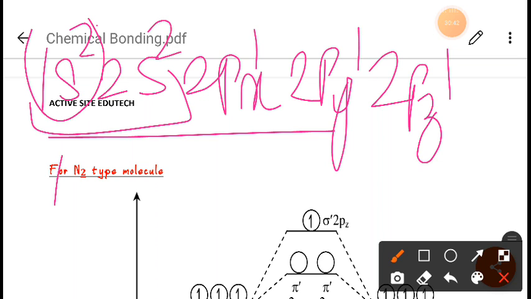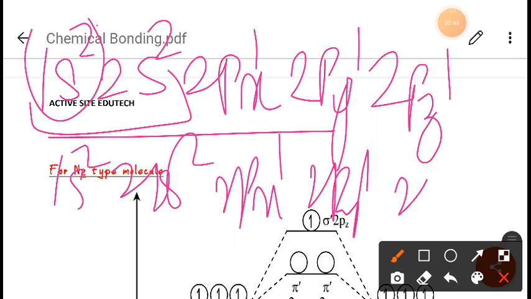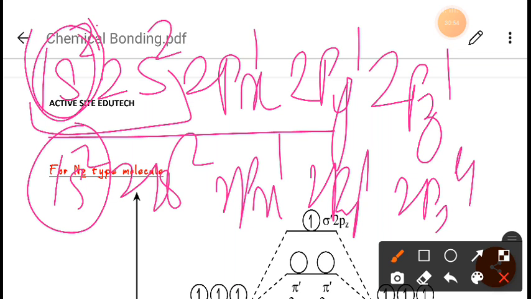It is assumed that this shell does not enter into net bonding, and therefore these are called non-bonding orbitals, and the electrons present in them are called non-bonding electrons.